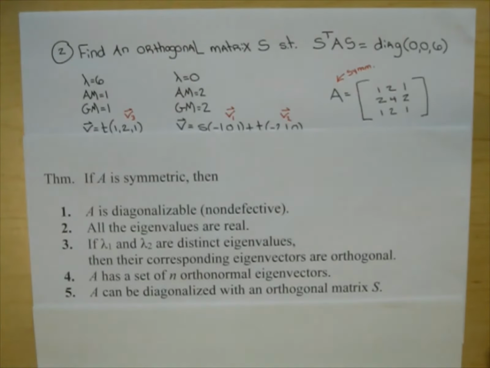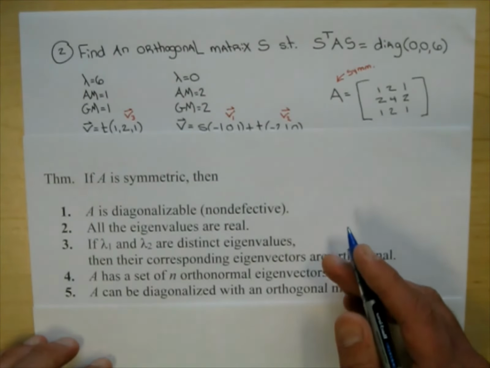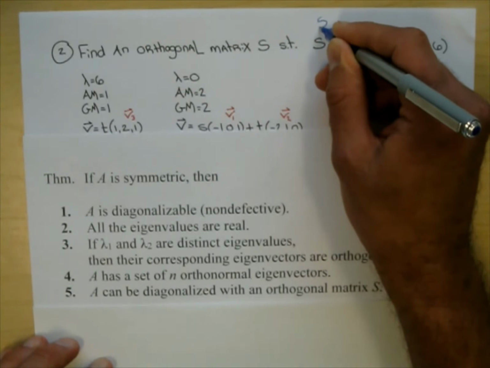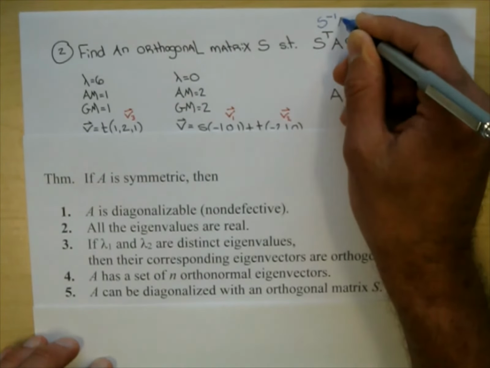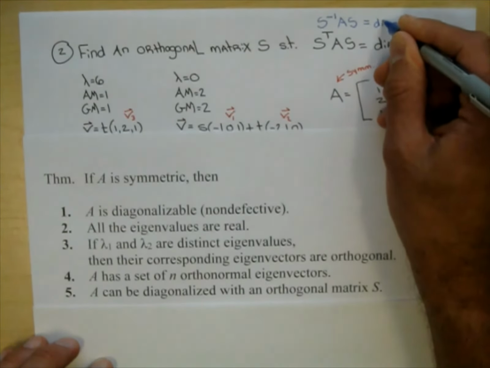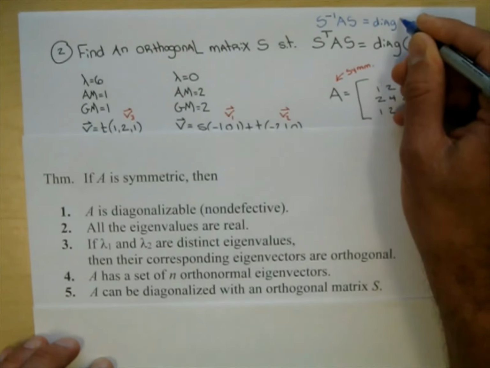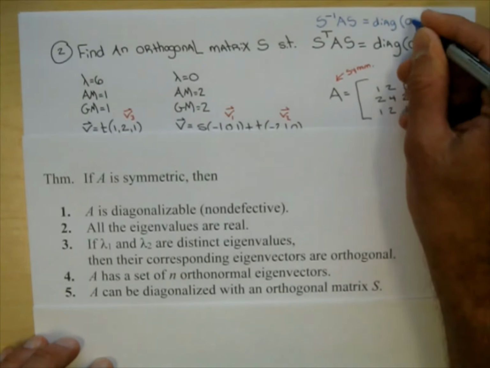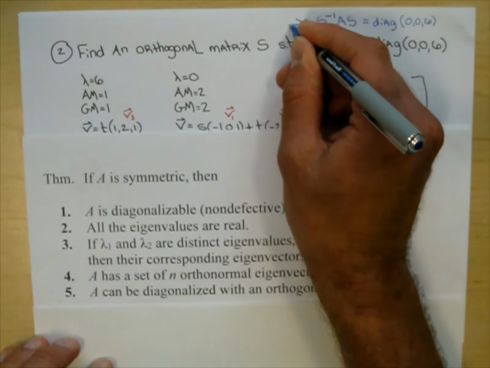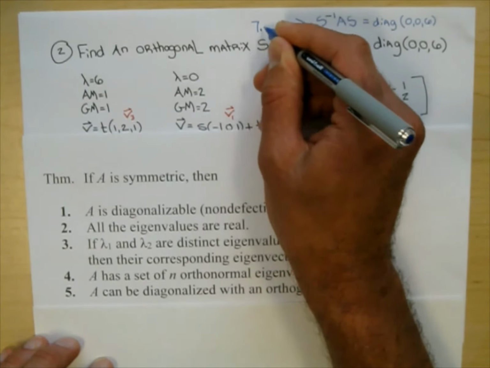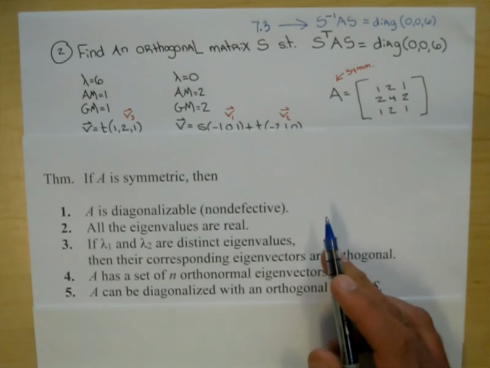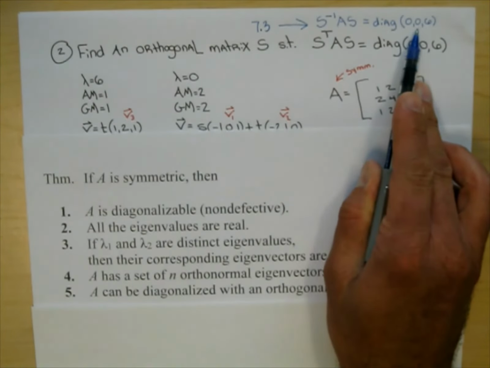So before, what it used to say is just find a matrix S such that S inverse AS equals diag 0, 0, 6. So this right here was just 7.3, and it was just diagonalizing any non-defective matrix, and you can do that.